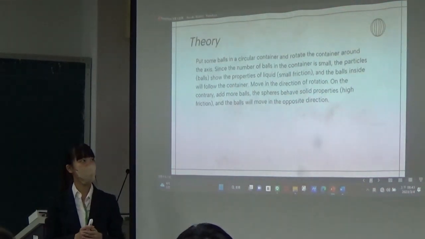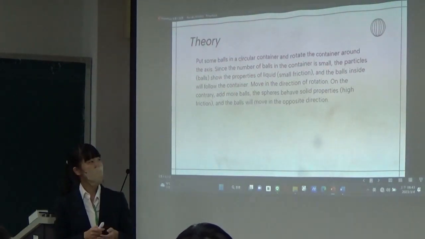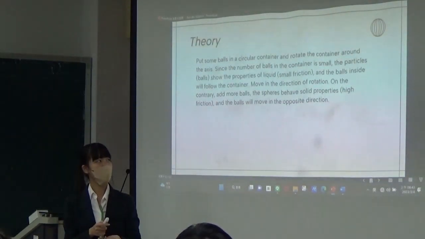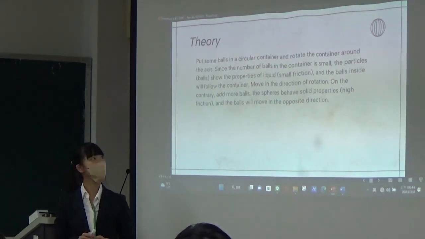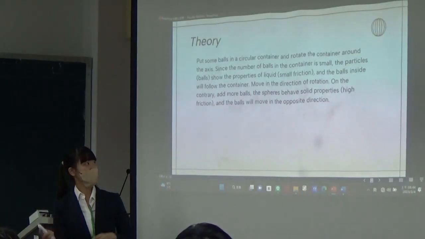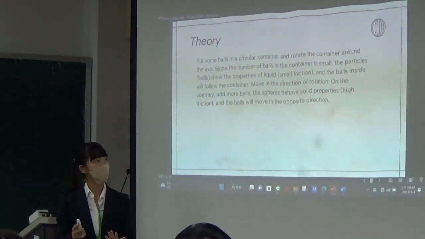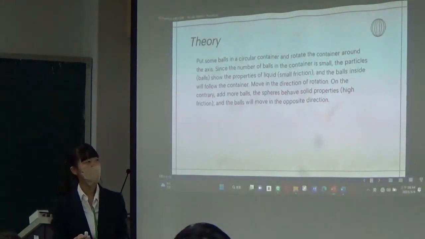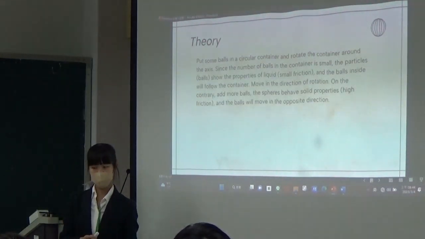Since the number of balls in the container is small, the particles show the properties of a liquid, like small friction, and the balls inside will follow the container, moving in the direction of rotation. On the contrary, if you add more balls, the system behaves with properties like high friction, and the balls will move in the opposite direction.